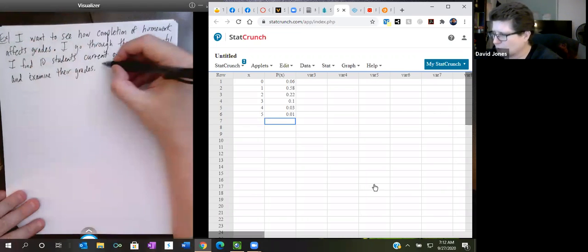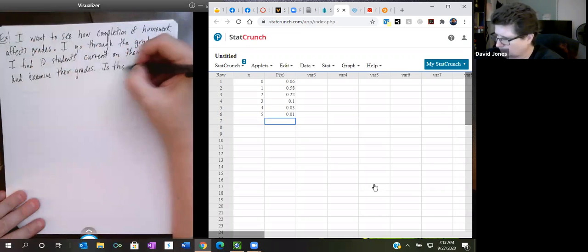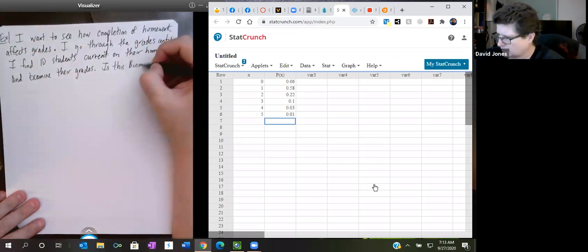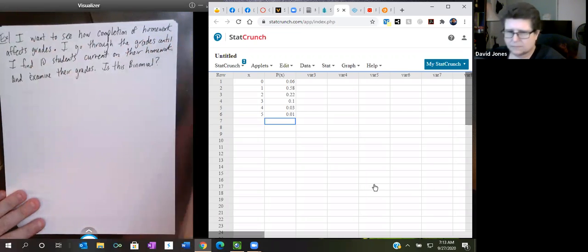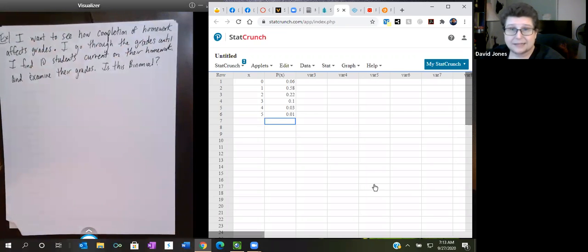Is this binomial? Go through the list. It's got to meet all 4 requirements: a fixed number of trials, independent trials, mutually exclusive outcomes with a fixed probability.